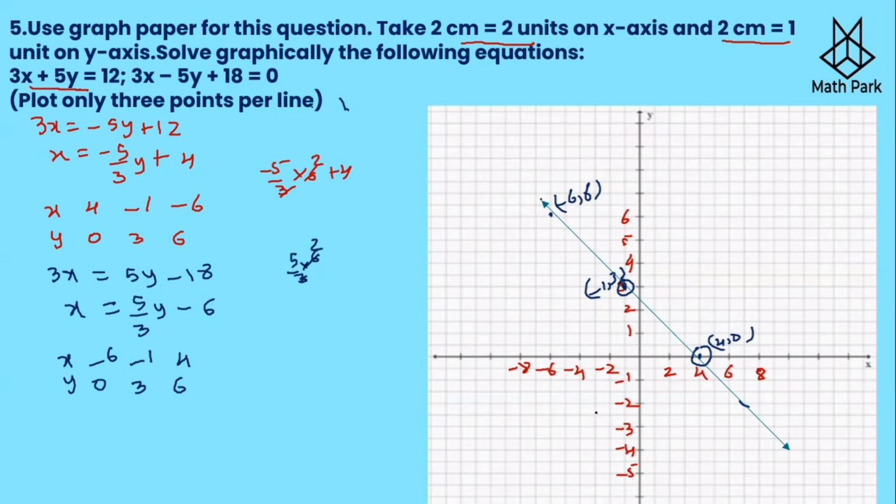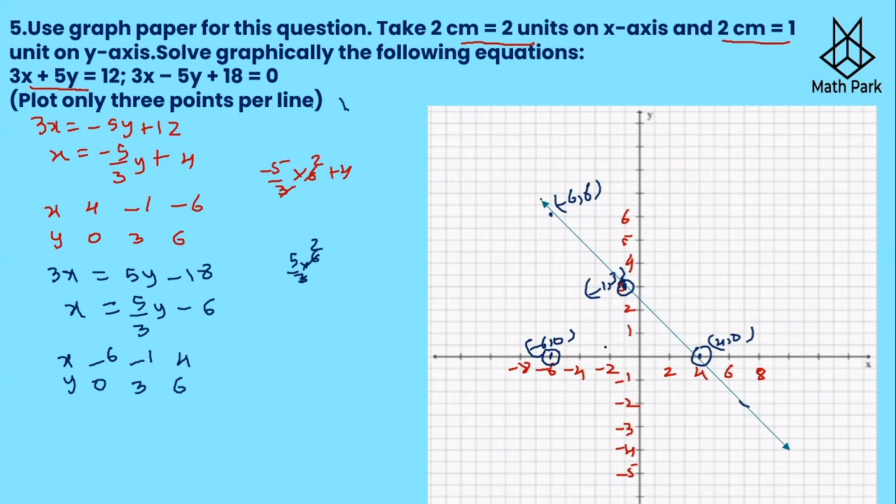So plotting these points, you get -6, 0, on x-axis -6 and y 0. So this is your -6 comma 0. Then you have -1 comma 3. So -1 on x-axis and 3 on y-axis. So this is your -1 and 3. So this is the common point, -1, 3.